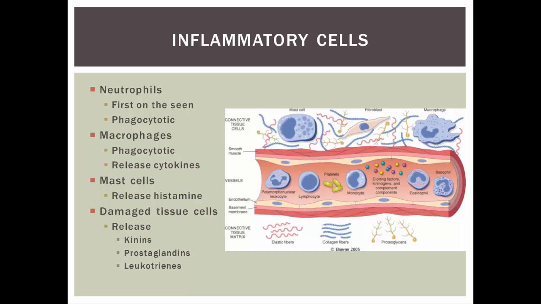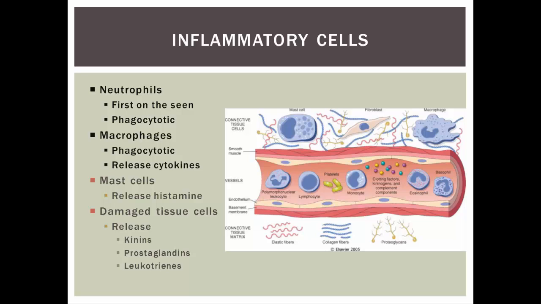The cells of the inflammatory response include, of course, the neutrophils. These are the ones that are probably first on the scene. They're phagocytotic, so they're going to start eating up any of the debris, damaged dead cells, or the pathogens that are there. But remember, they're limited in how many they can eat. The macrophages also are involved.